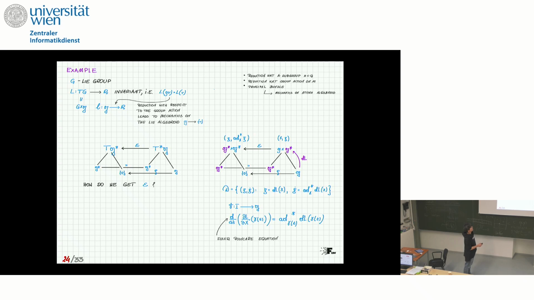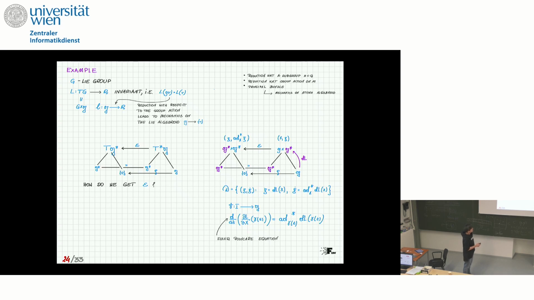And we can use this structure to generate the dynamics from Lagrangian, which initially was completely invariant and was, as a consequence, written on the Lie algebra.